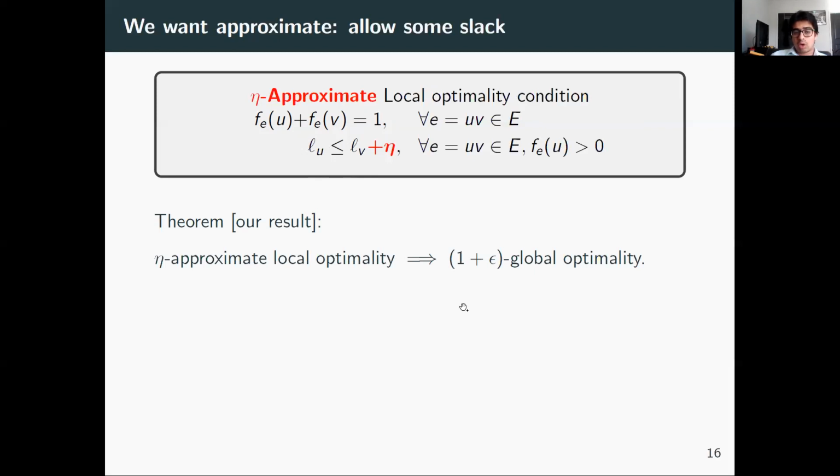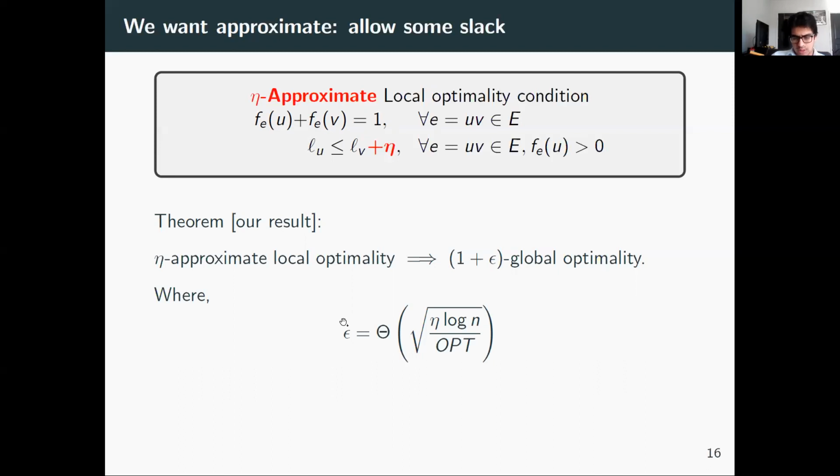That's the local optimality condition. And what we show is that this kind of local optimality actually implies global optimality. So eta approximate local optimality makes sure that the maximum load that you get while satisfying local optimality cannot be more than 1 plus epsilon times the optimum. And what is the relation between epsilon and eta here? It's a simple direct relation.